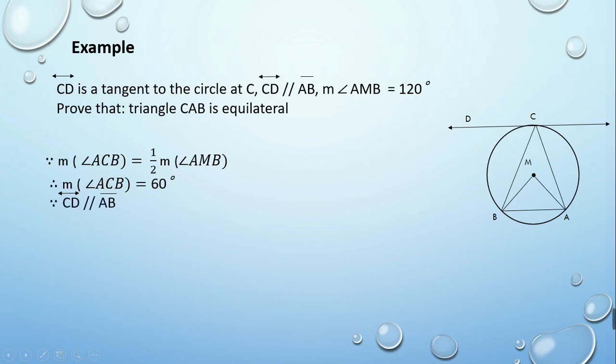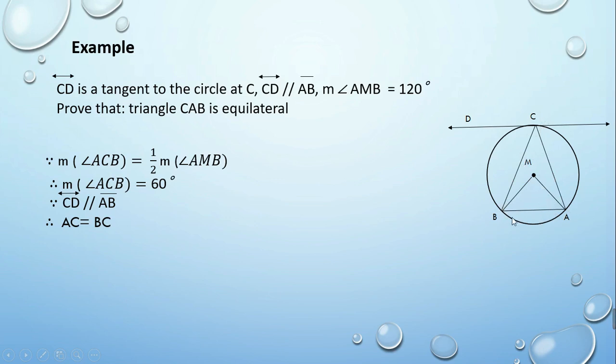And since CD is parallel to AB, therefore the measure of the arc AC equals the measure of the arc BC. And if the measures of the arcs are equal, then the lengths of their chords are equal, from the previous lesson. So the length of the chord AC equals the length of the chord BC, and the triangle will be isosceles, and this angle is 60.